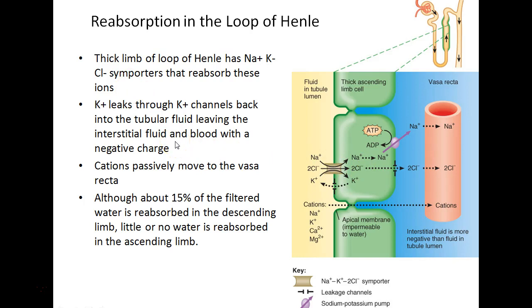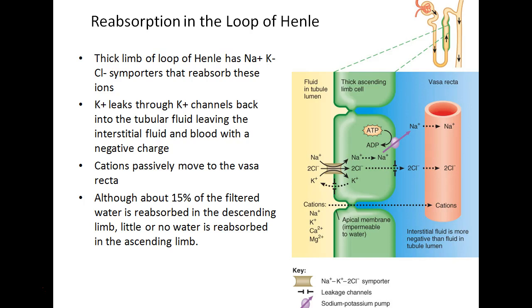The potassium leaks through the potassium channels back into the tubular fluid, leaving the interstitial fluid and blood with a negative electrical charge. Then we see the vasa recta shown on looker's right. Cations are going to move passively to that vasa recta. Although about 15% of the filtered water is reabsorbed in the descending limb, little or no water is reabsorbed in the ascending limb.